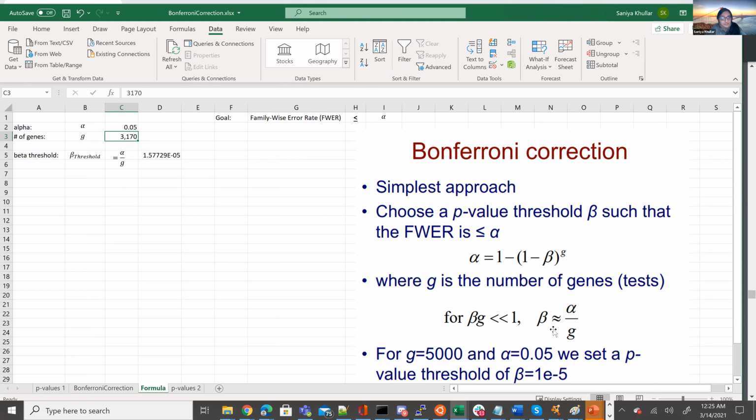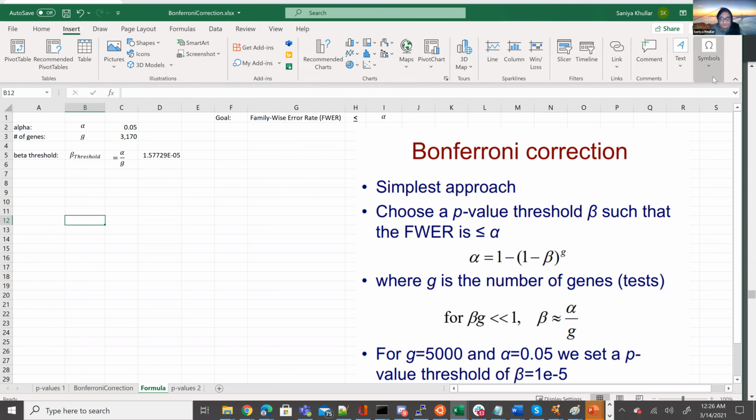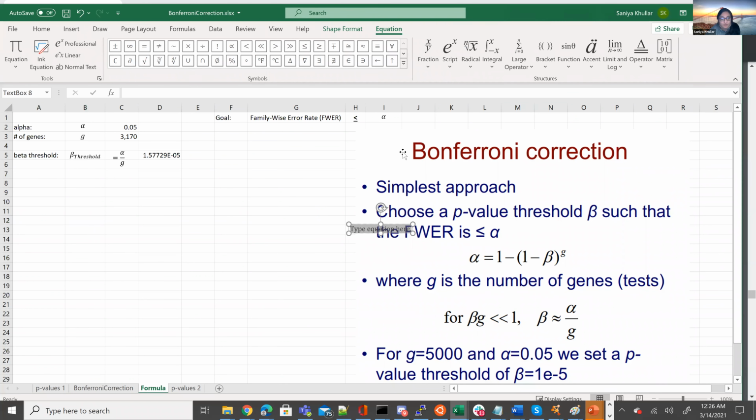Then my beta threshold, which is what this is over here, is going to be alpha divided by G. When I take this cell, 0.05 divided by 3,170, I get my beta threshold, and this value is approximately 1.57729 times 10 to the negative 5. So it's like you're adding on these 5 decimal places.